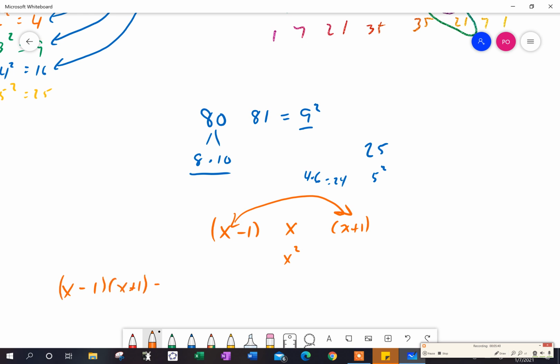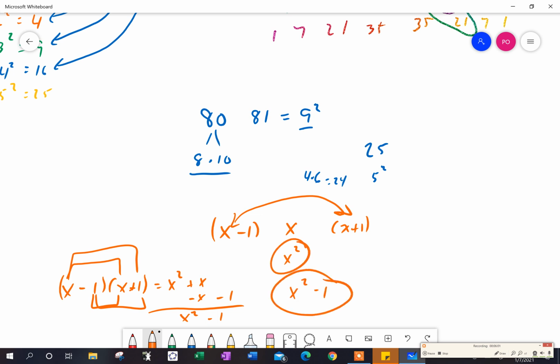And you may remember the distributive property, or FOIL: first, outer, inner, last, minus 1. And when I combine these, I get x squared minus 1, which means, now you might be saying, well, what on earth are you talking about? And that's perfectly fine.